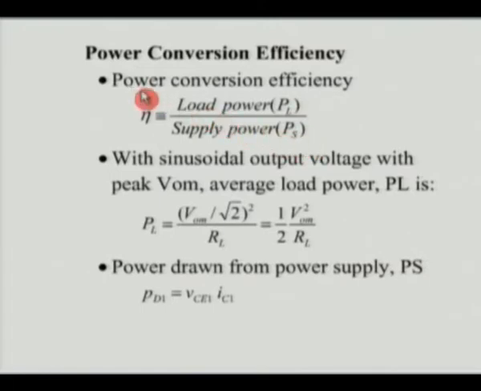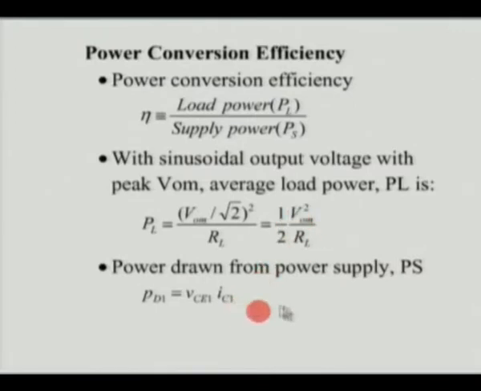With a sinusoidal output voltage with a peak VOM, the average load power PL is (VOM divided by root 2) the whole squared divided by RL, which is half of VOM squared by RL. This tells us the power supplied to the load.